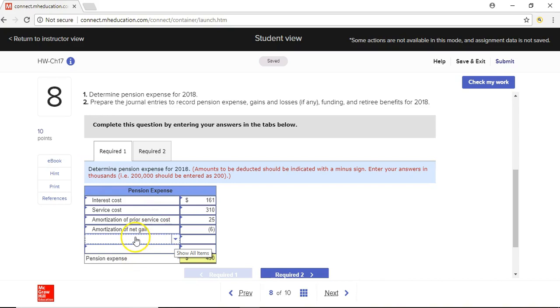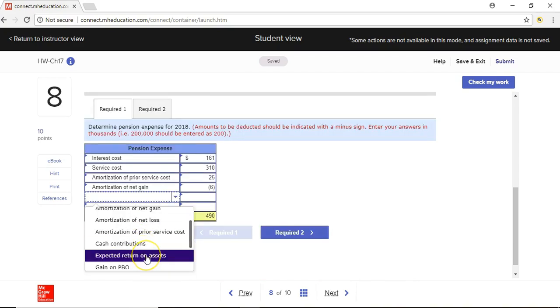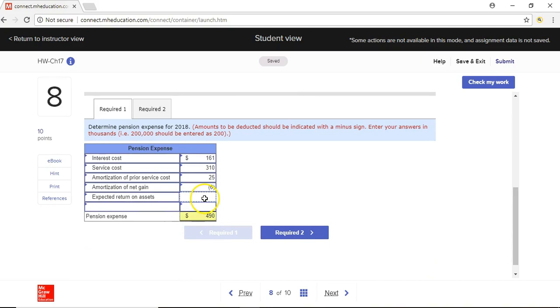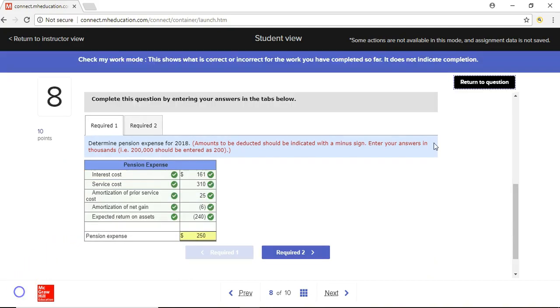And we have expected return on assets. That is 10% of 2,400, so minus 240. And when I click on check my answers, it's all green, so we are good to go.